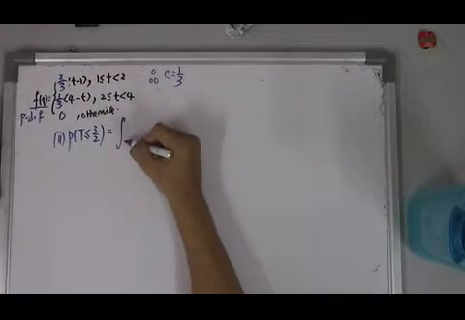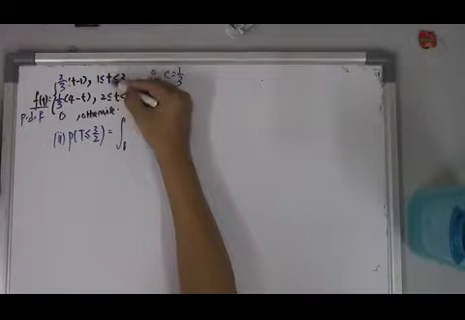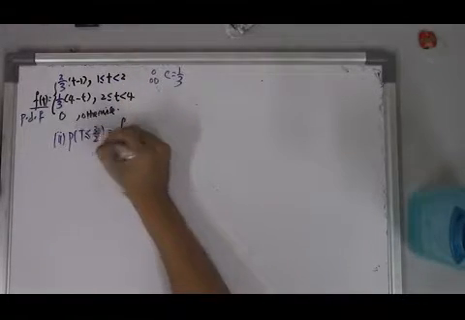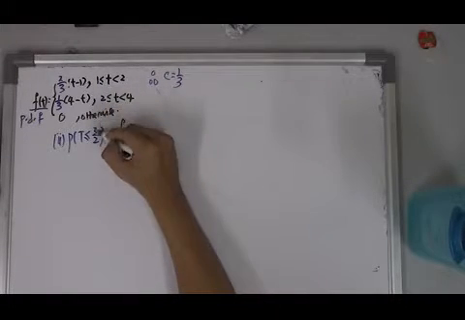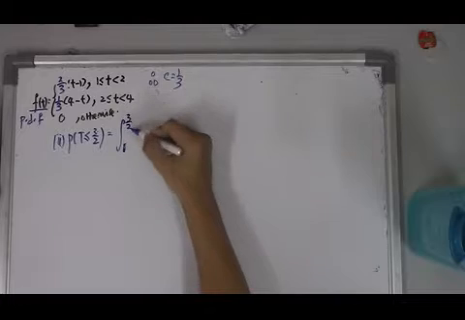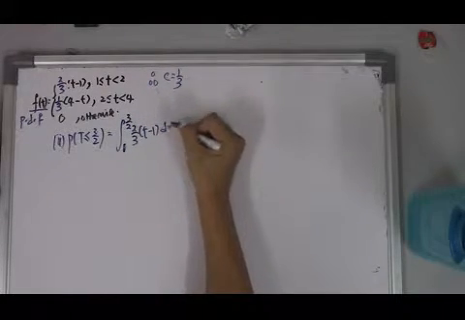You integrate starting from 1 up to 3 over 2, so from 1 to 3 over 2 of 2 over 3 (t minus 1) dt, the probability.